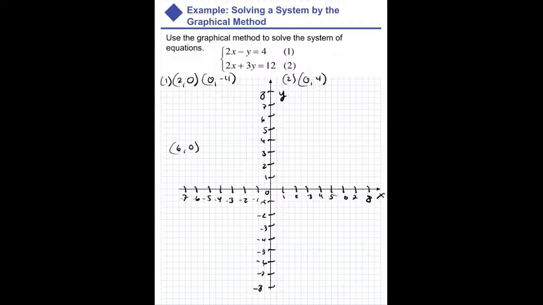Okay. So let's graph the first one in blue. And then let's copy and paste. Paste. And we'll do this one in red. Fill with red.